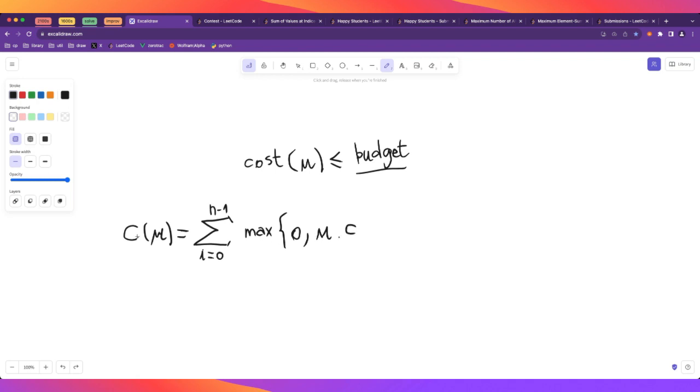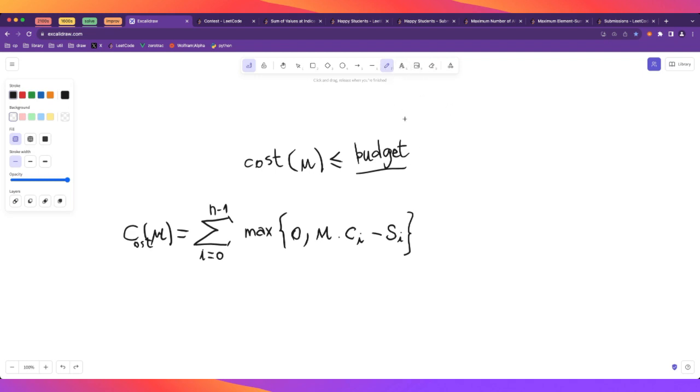So here this is cost and this is composition of I, C sub I, and we wanted to subtract the stock of I. This is going to give us how many units we need.